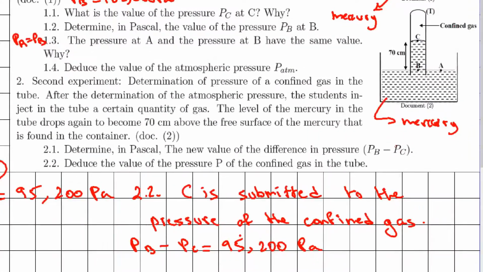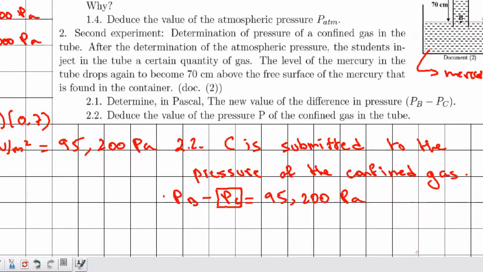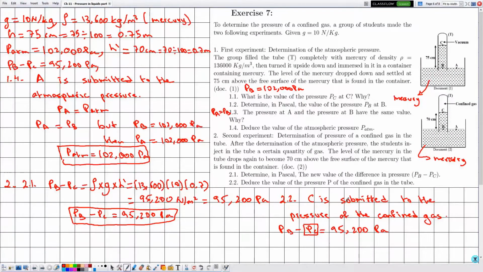So what's the relation between this and PB minus PC? Since C is submitted to the pressure of the confined gas, if we find the pressure at the point C, we are done. So what's the type of this equation? If PB is known, then it is a linear equation with one unknown, which is PC. What about the pressure at the point B?